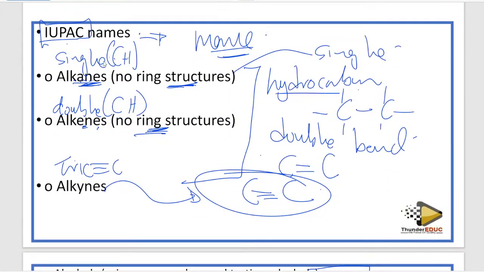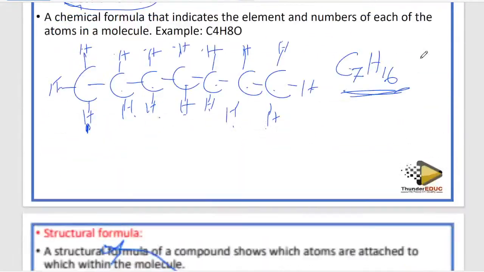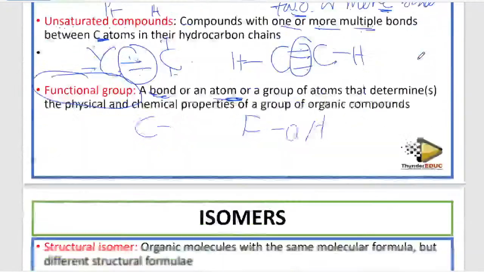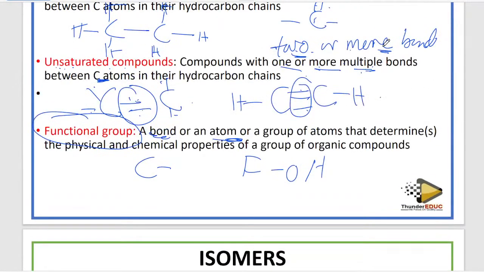Single bond helps it to react that way. Double bond helps it to react that way. Triple bond helps it to react that way. So it could be a single bond, one atom, or a group of atoms.